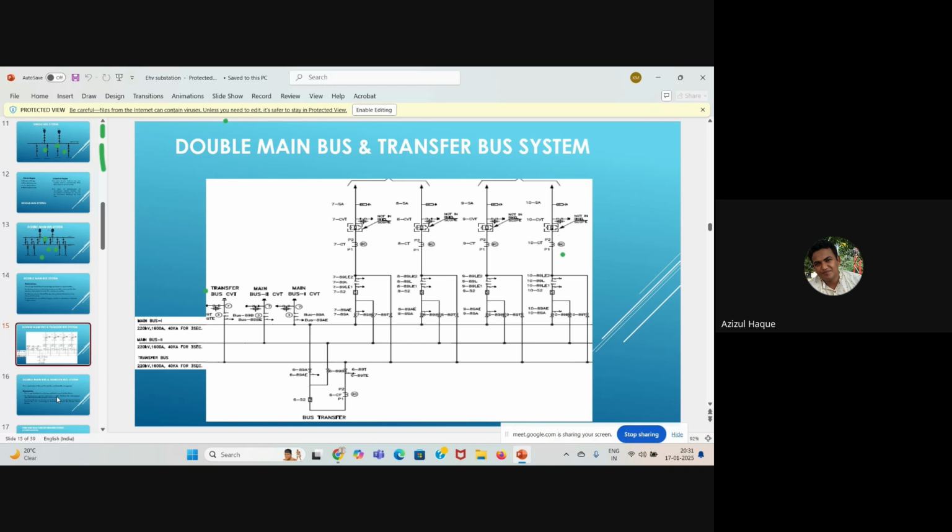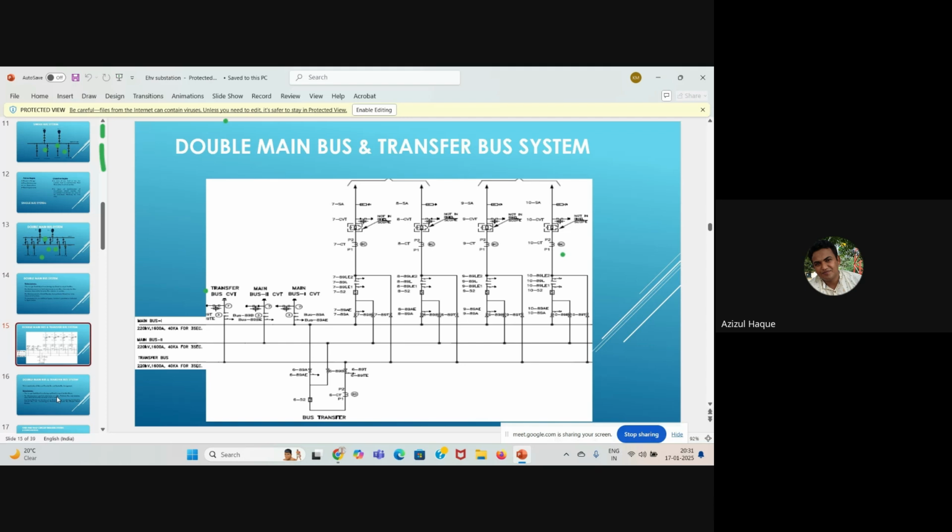This transfer bus coupler breaker will take care of the line feeder, and every protection of the line feeder will be taken care of by this transfer bus protection scheme. Because in that case, this line is broken when I have taken the shutdown.